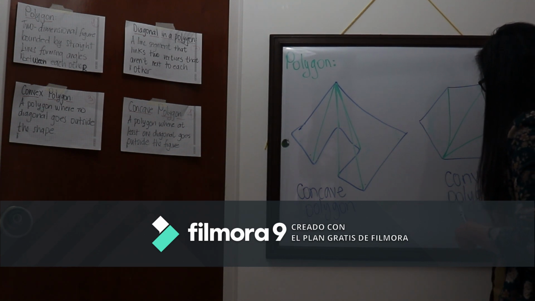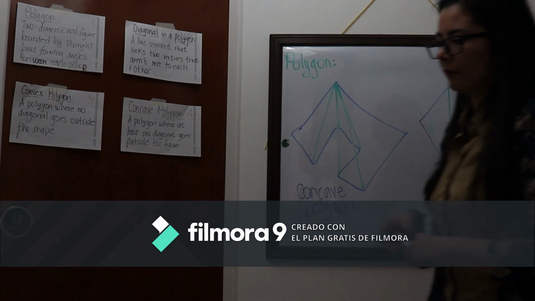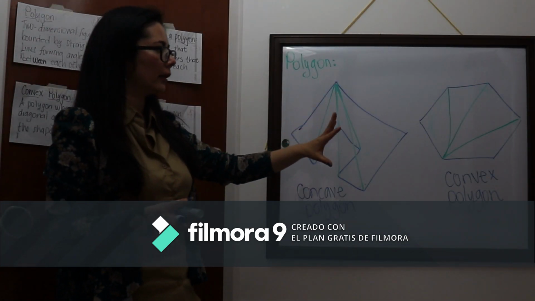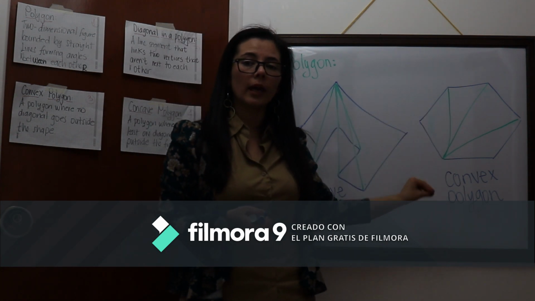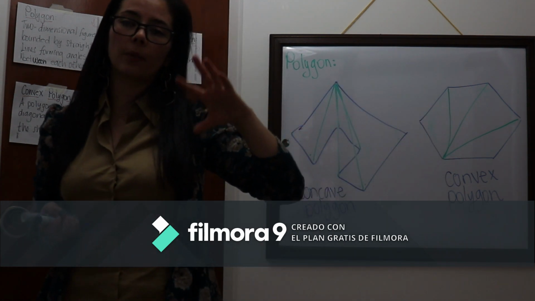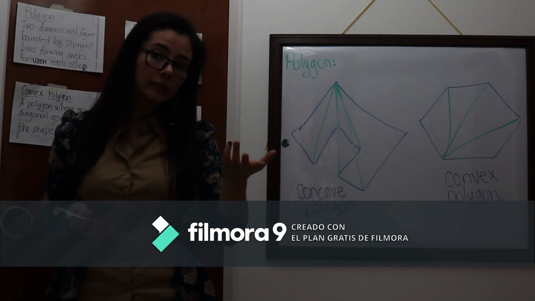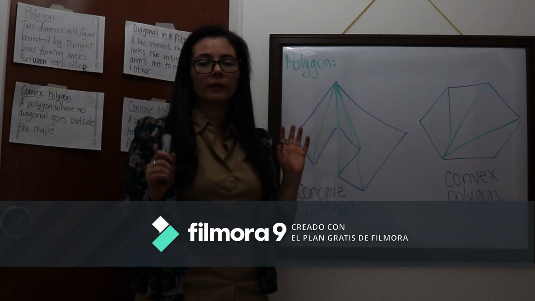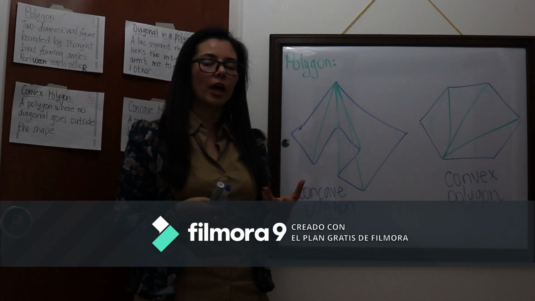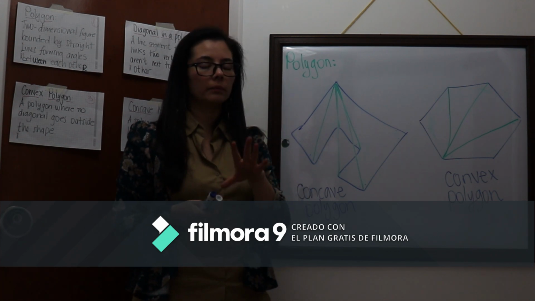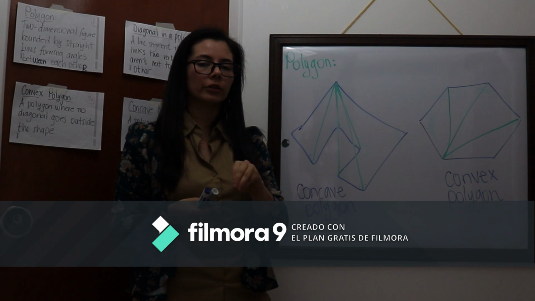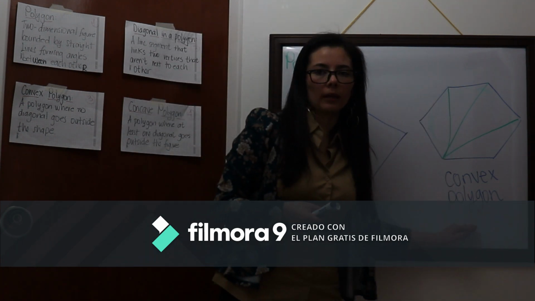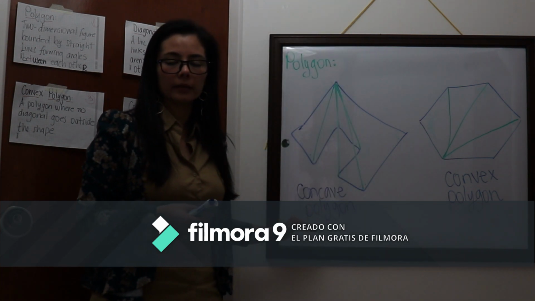Guys, everything we do in math, or with the basics of geometry, every single time we talk about regular polygons, and of course all the formulas we work with in geometry that you are going to learn later in this class, are based on convex polygons, not on concave polygons, all right?